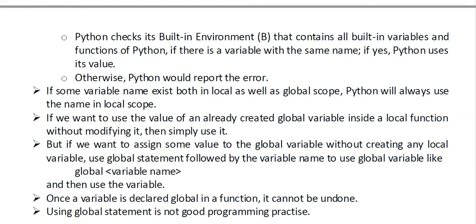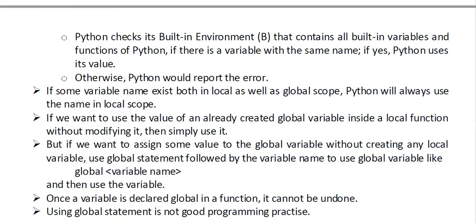If you try to print the value of x, the local x will be printed, not the global one. But if you want to print the value of the outside x, then you have to use the statement global x. It will tell the Python interpreter that from now on you will be using the x that is mentioned outside.